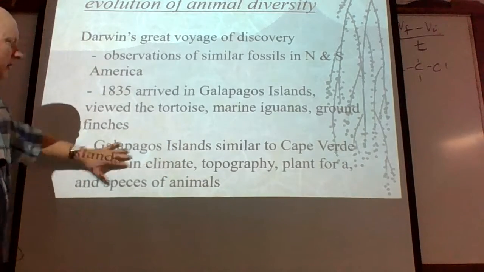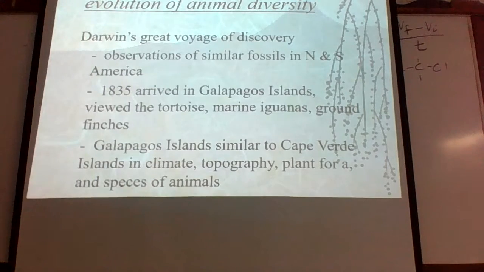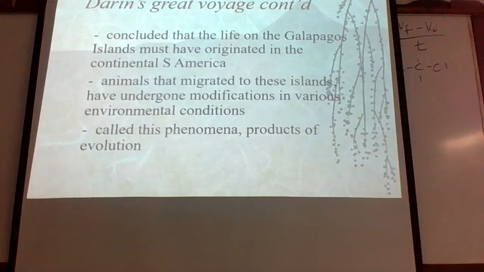With this, they're similar to a landmass off of the coast of South America, I believe, is where Darwin made his voyages. And then notice these animals, the tortoise, the iguana, but mainly the finch. And what happens is there's going to be a competition for food sources, and that's what we're going to get into here in just a couple of minutes.